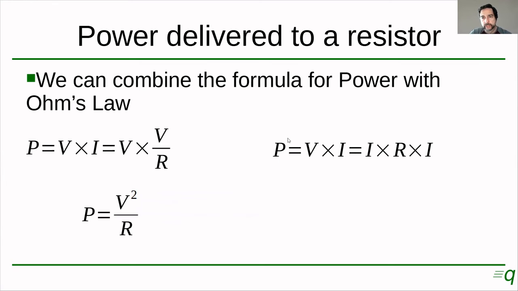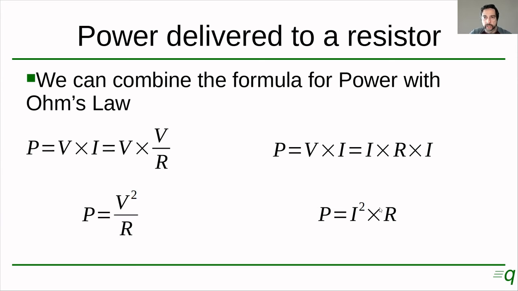Now, in this formula of power equals voltage times current, we can replace voltage. Here we replaced current with voltage over resistance from Ohm's law. But here, if we replace voltage, that's current times resistance. So this is Ohm's law. Voltage is current times resistance, times current again to calculate the power.